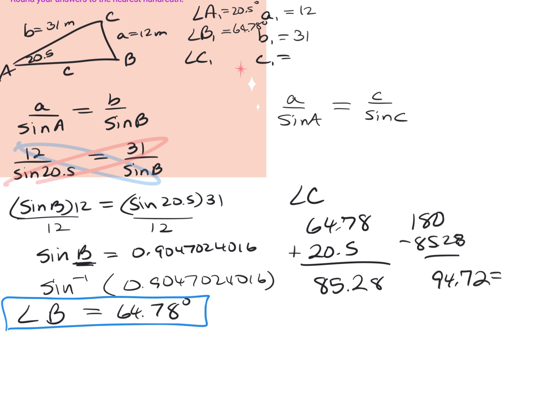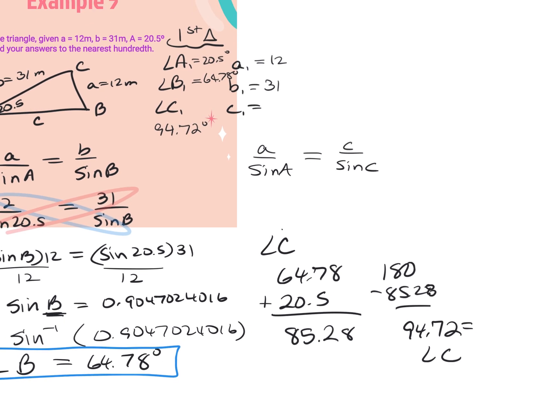So this is angle C. Now that's what I'm going to use in my proportion there. So 94.72 degrees. So now I'm going to do the given. So 12 over the sine of 20.5 is equal to my unknown side over the sine of 94.72.